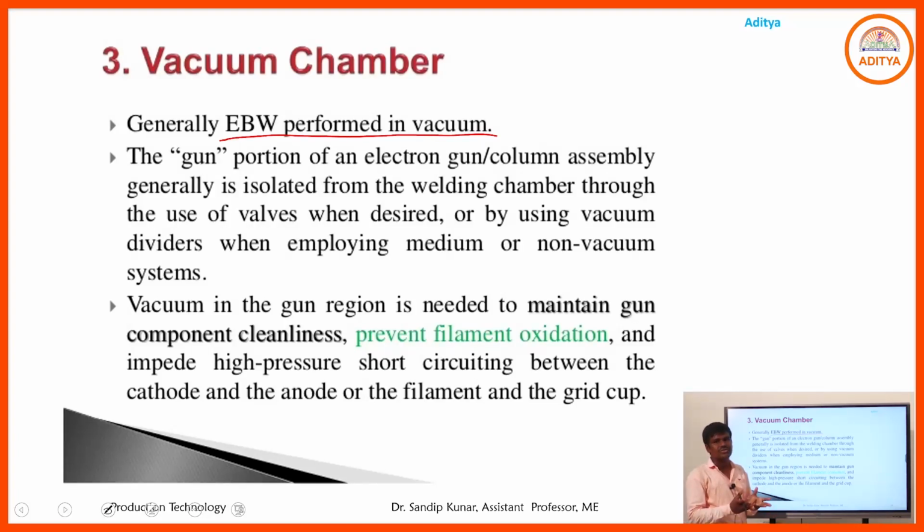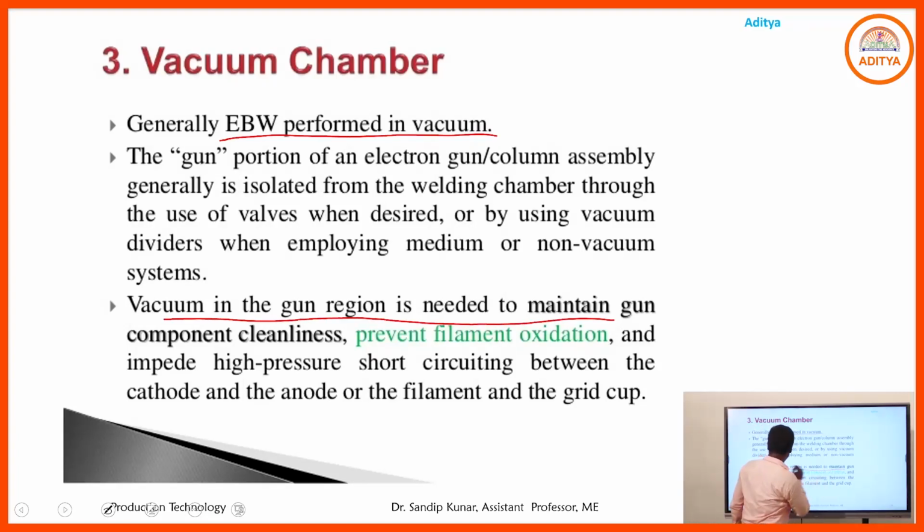Means it will be time consuming for welding. That's why we remove the air particles from the vacuum chamber, so there are no particles to strike the electron beam. So we always use the vacuum chamber in an electron beam welding setup.